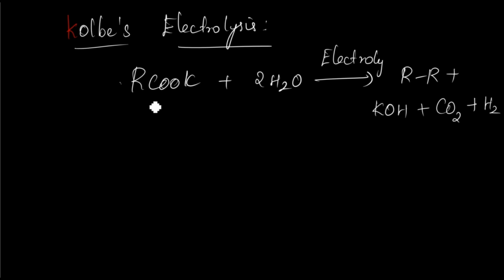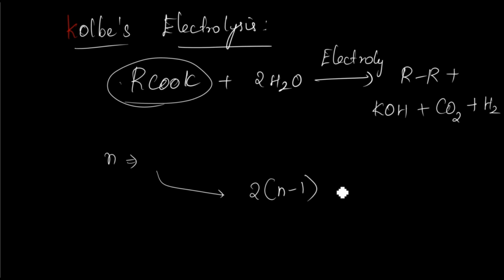Let's say I'm taking CH3COOK, then that will give you CH3CH3. And if n is the number of carbon atoms in the salt of the carboxylic acid, then the alkane formed has 2n minus 2 carbon atoms. Through this way you can predict a product easily.